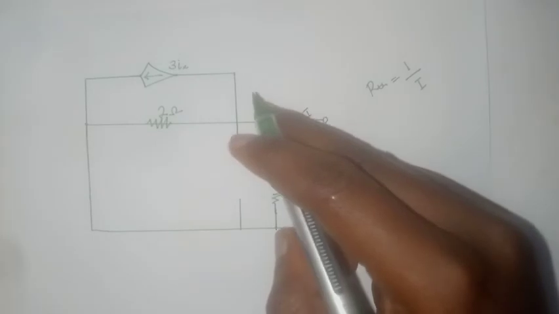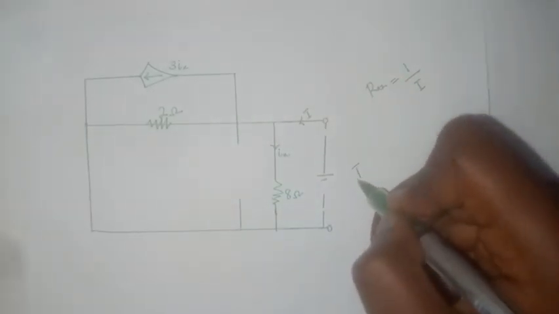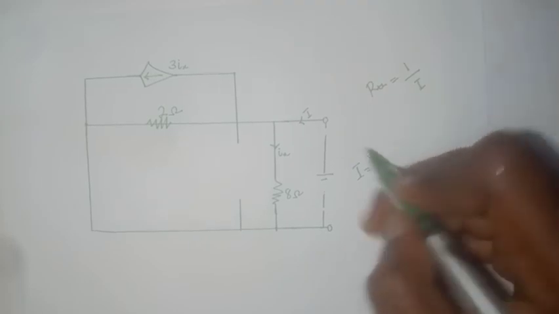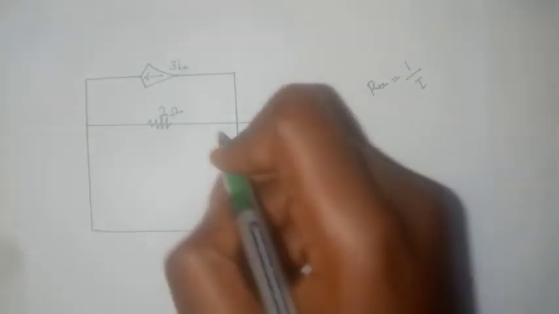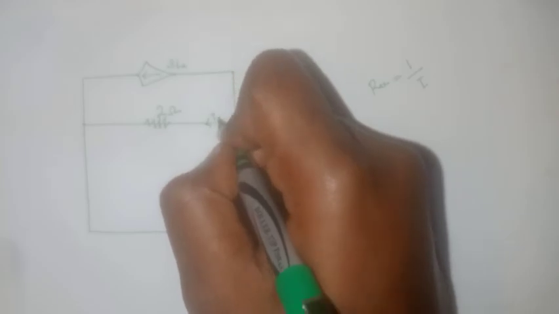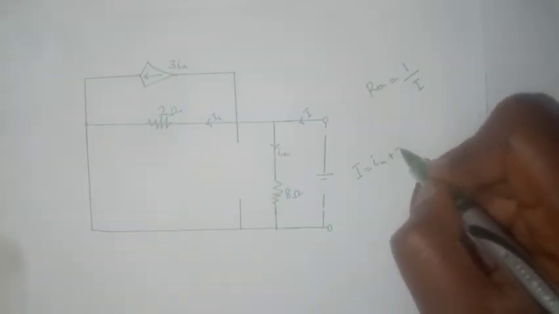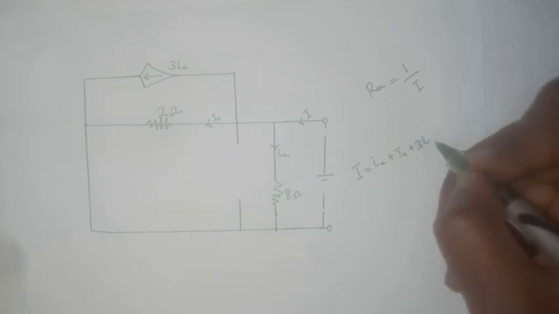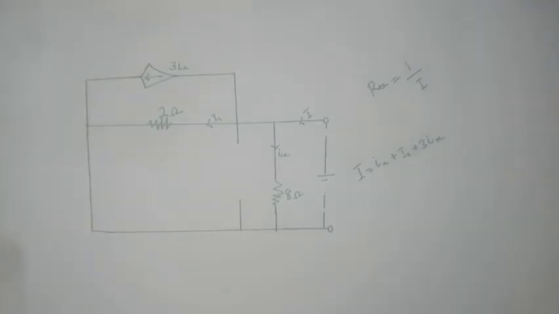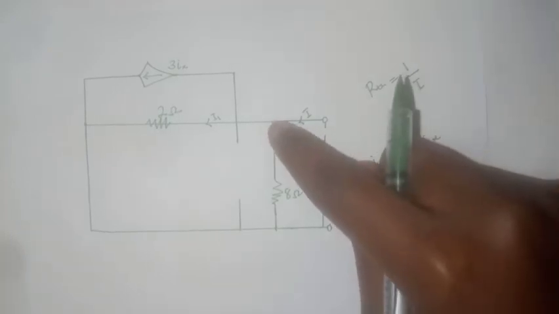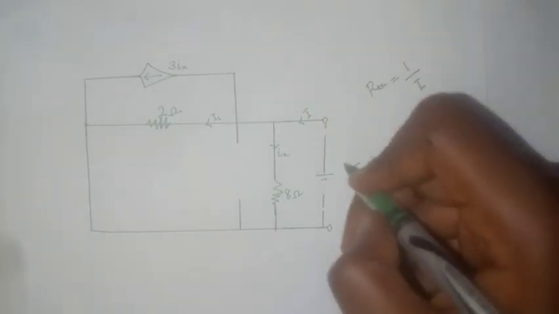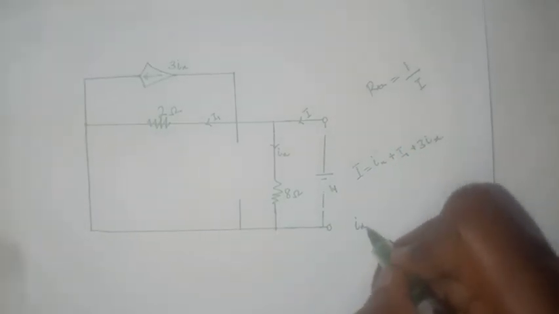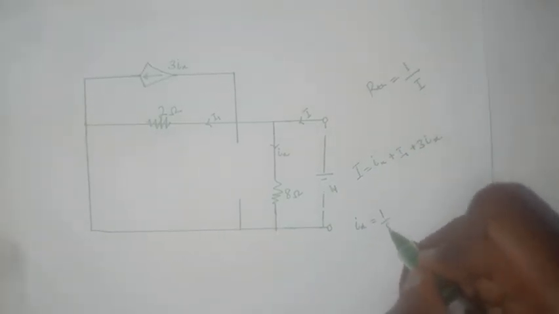According to Kirchhoff's current law, I would be equal to Ix plus, let's call this current I1, plus I1 plus 3Ix. Since this is connected directly across the 1 volt power source, Ix is equal to 1 over 8.